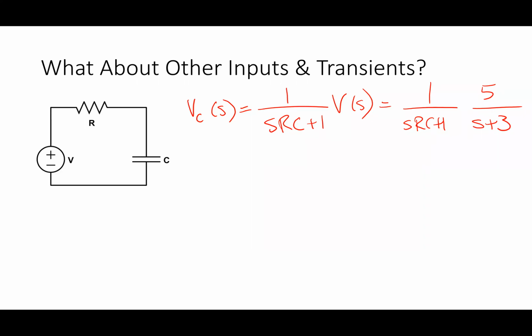Just multiply and use quadratic. So again, I'm going to take this as prerequisite. If sRC was a number, how would you solve this to get it back into the time domain? I'm going to say it's prerequisite because I don't want to spend a whole lot of time on it. It's not circuit stuff. It's not that important to me. You have to do what we tell.